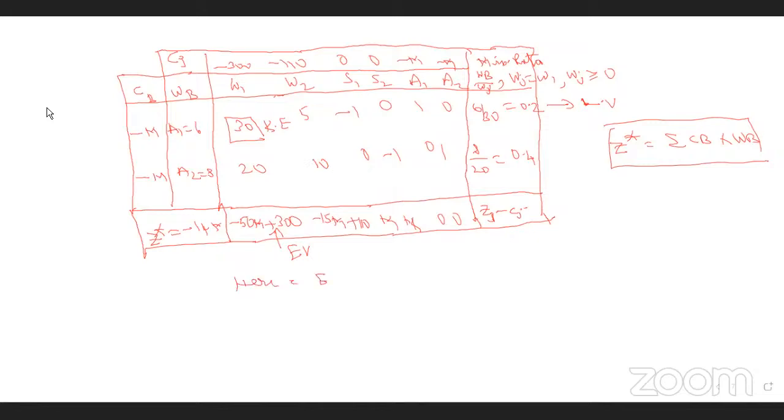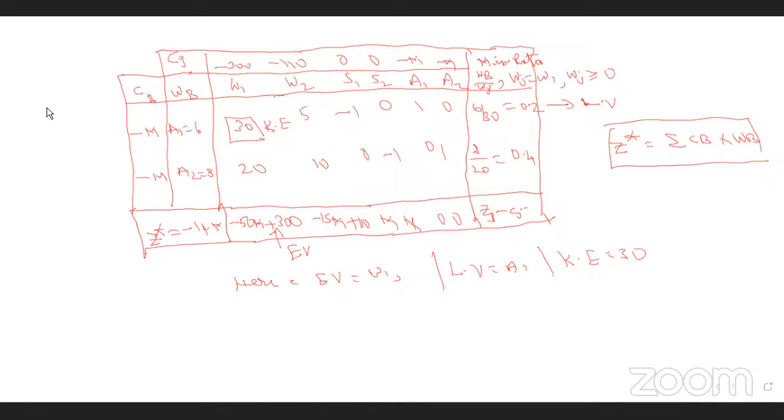Entering vector is W1, leaving vector is A1, key element equal to 30. Key element is also known as pivot. This is the outgoing vector, incoming vector W1.